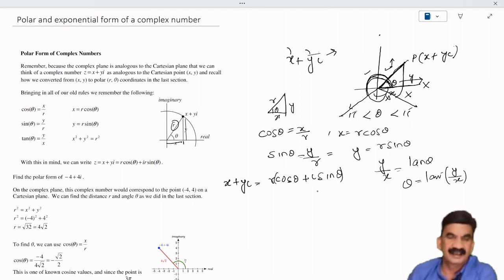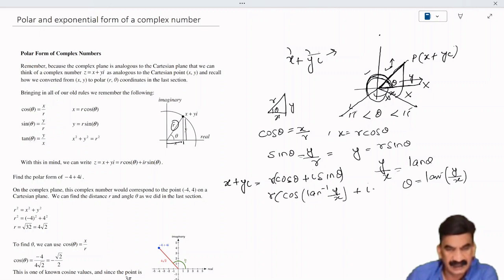You can write r times cos tan inverse y by x plus i sine tan inverse y by x. This is as simple as it gets.